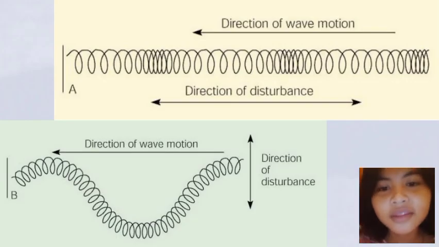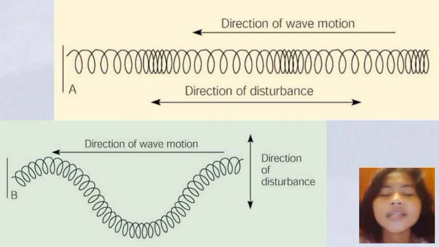Given the illustration on your screen, this summarizes the motion of the transverse and longitudinal wave. On the first one, wave A, what type of wave do you think this is? Is it a longitudinal wave or a transverse wave?